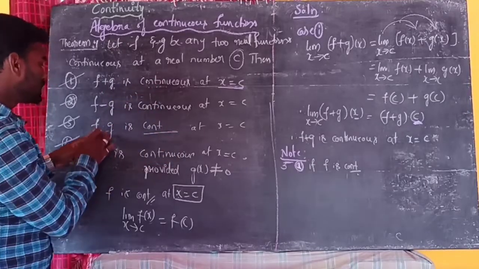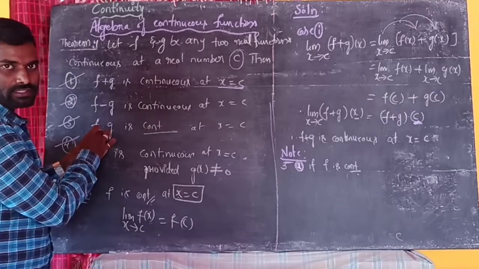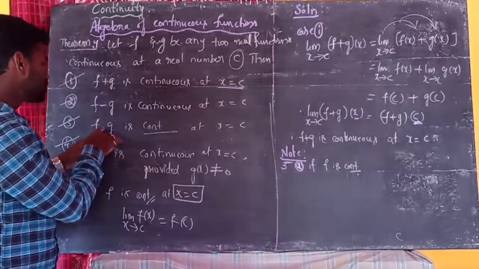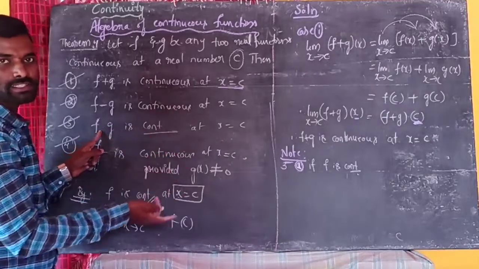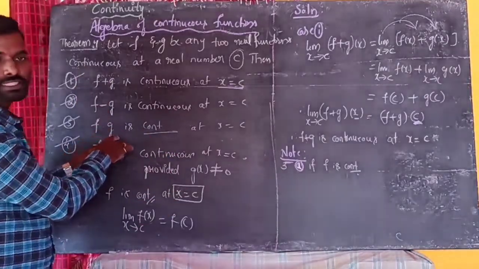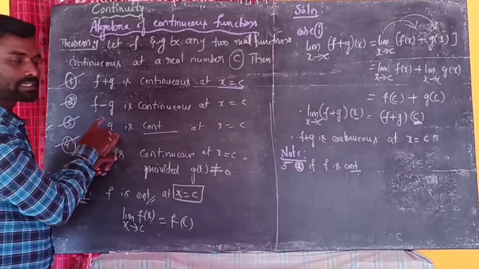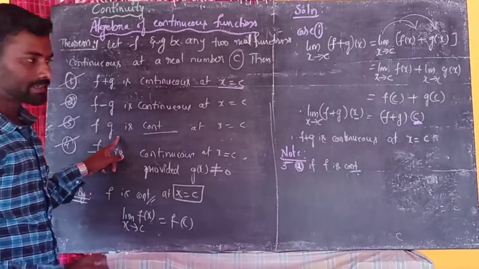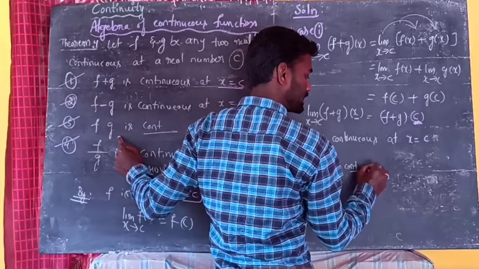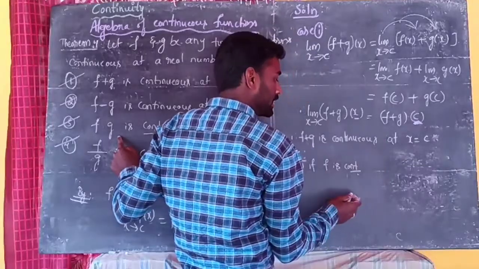Right? Here, I will consider g of x as 1. Then f into g is continuous at x equal to c. f is continuous at x equal to c, g is continuous at x equal to c means f into g is also continuous, right?